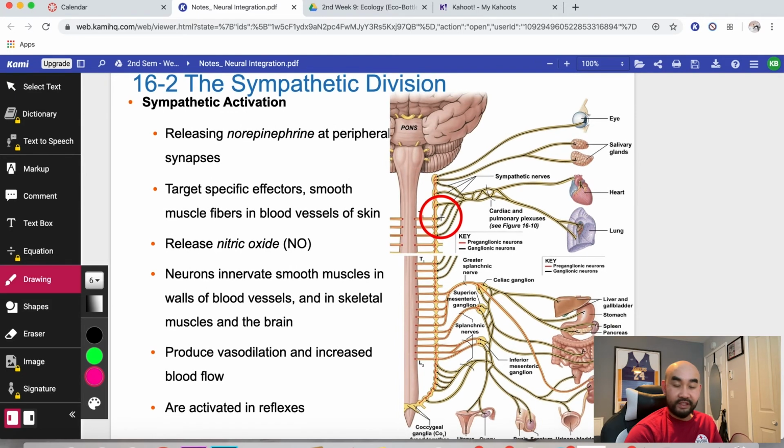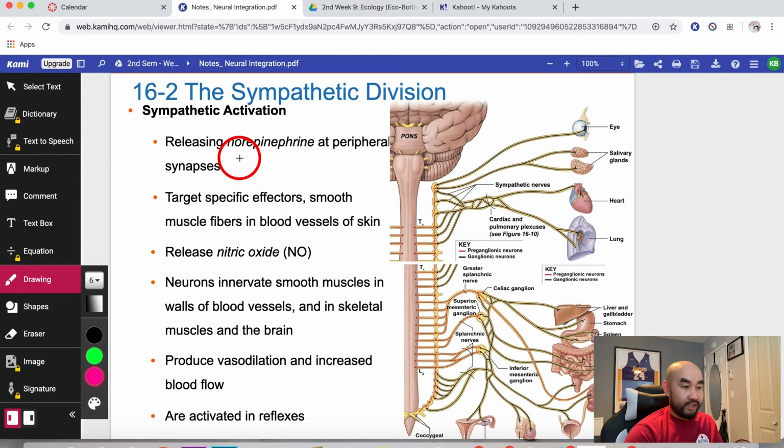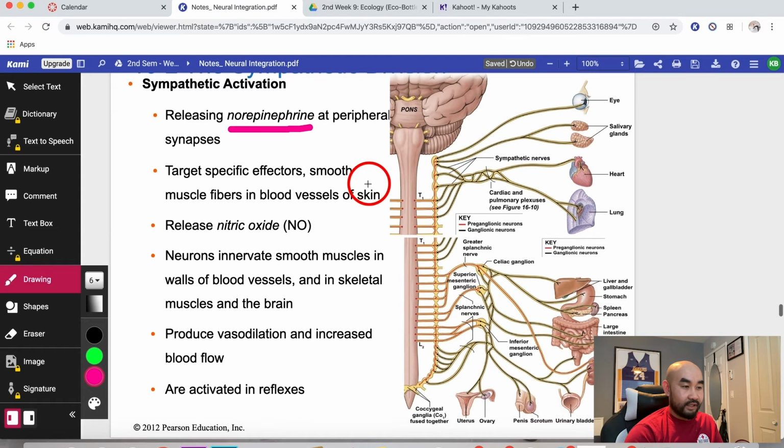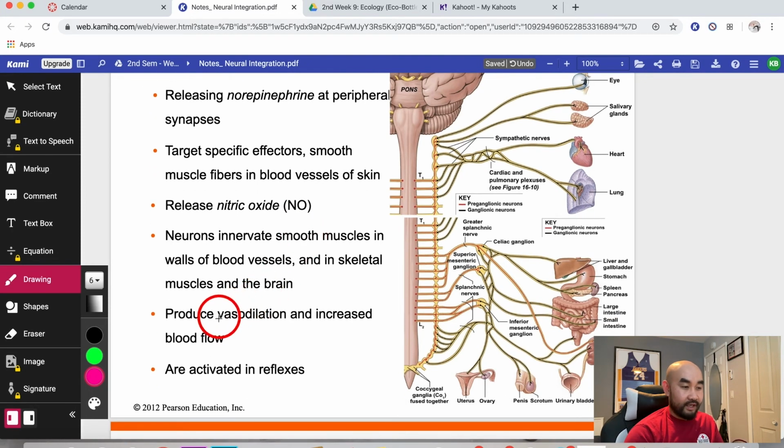Again, I talk more about some of what happens in the sympathetic. Sympathetic is what we call fight or flight. It releases norepinephrine. It's kind of like an adrenaline type of thing. It releases nitric oxide, which makes you feel good. And this is why sometimes you hear stories of people being shot. They don't feel the pain. They actually like it because their sympathetic system kicks in, right?